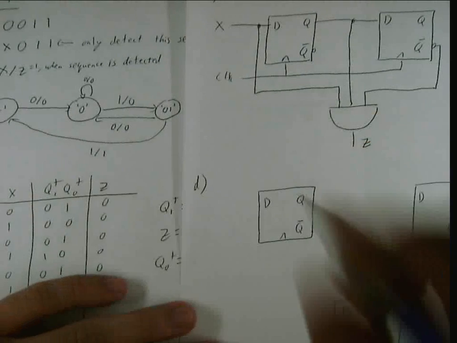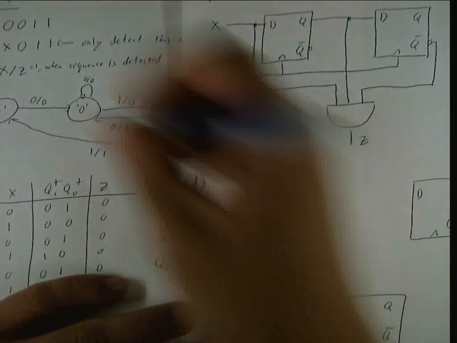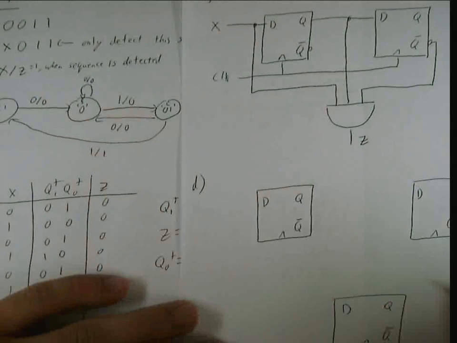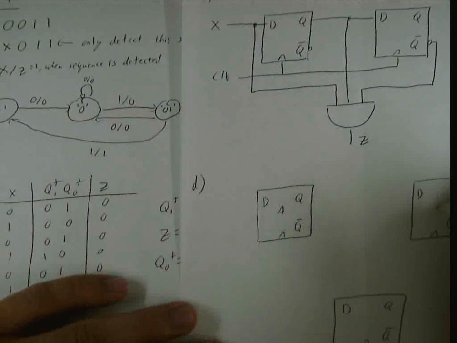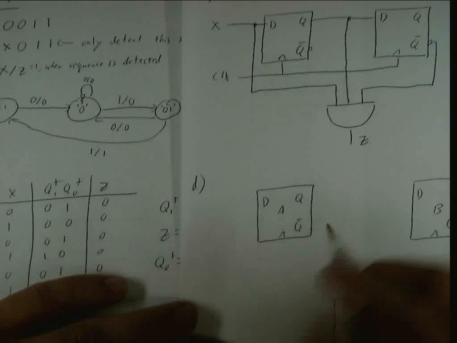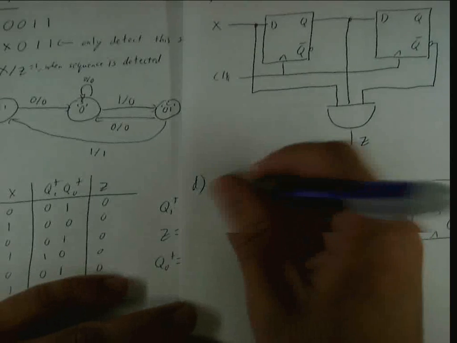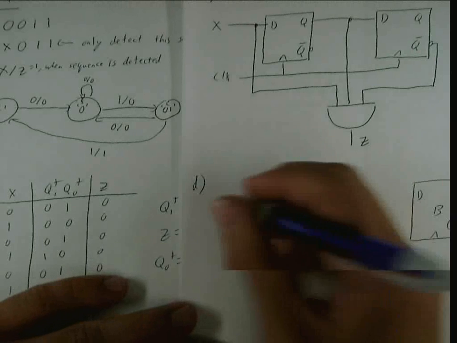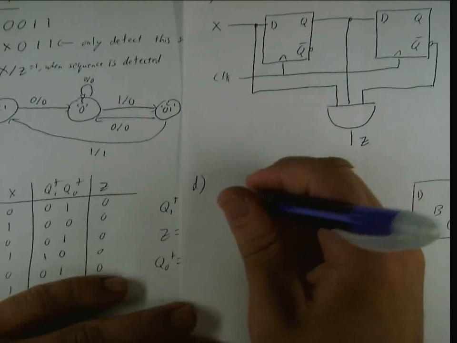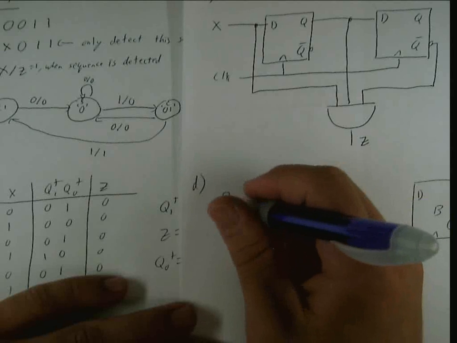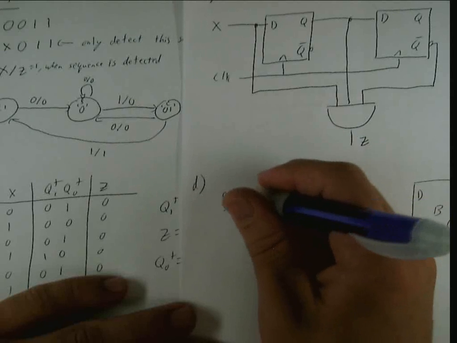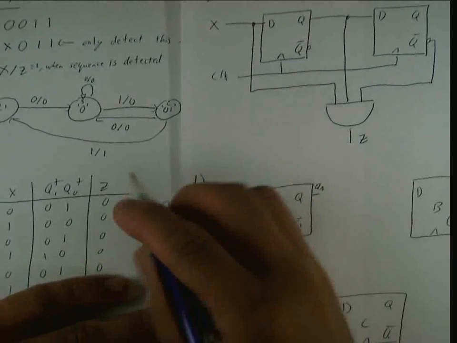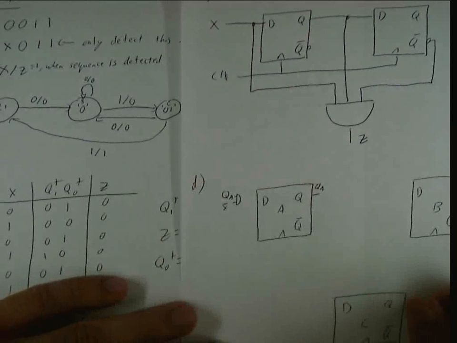But so I'm going to make this state A, this state B, this state C. So I'm going to have A, B, C. So I get into state A by having, this is QA, so QA ANDed with X bar, and having QC with, so this is QC.